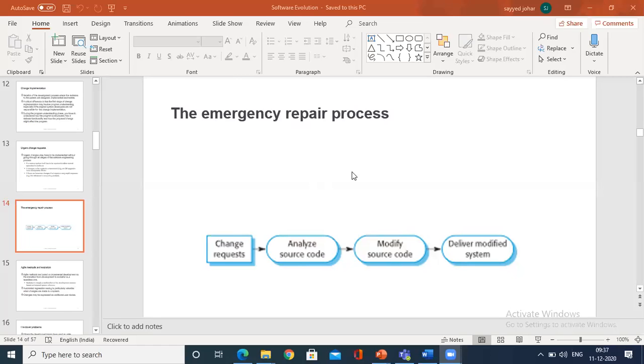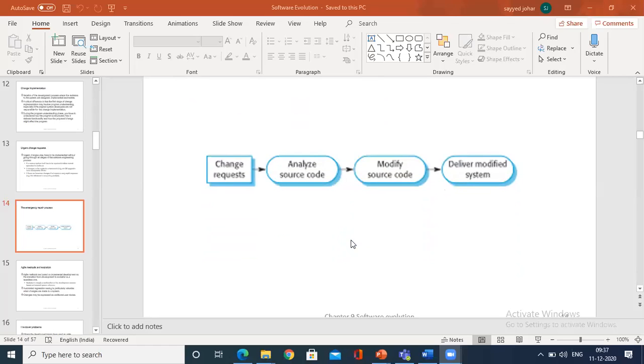Suddenly it has come, so we need to implement it and deploy it to the customer. So: change request, analyze the code, modify the source code, and deliver the modified system. See here, you are delivering the modified system itself. So this is too important. This is the concept of the emergency repair process.